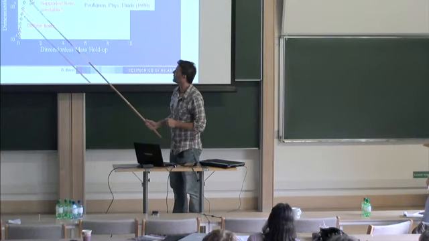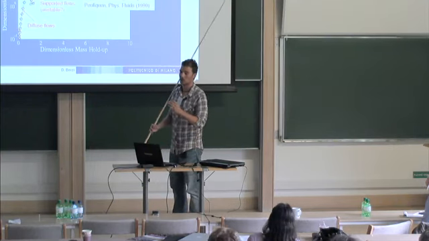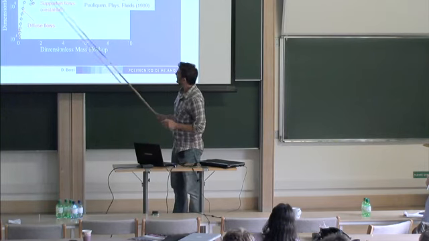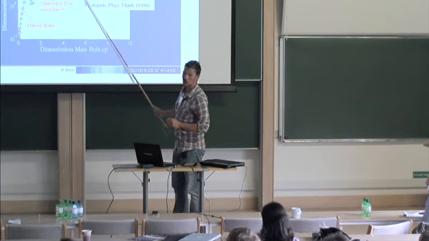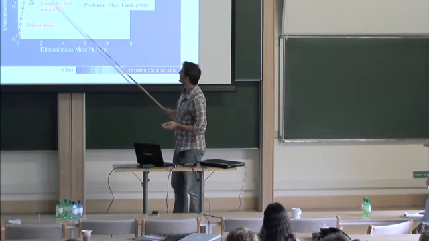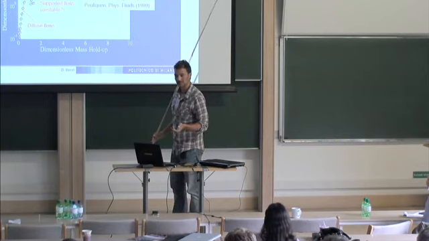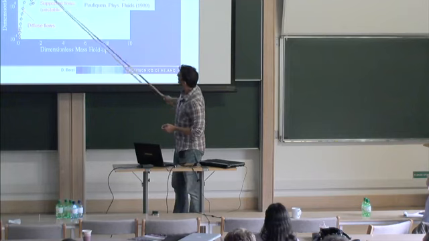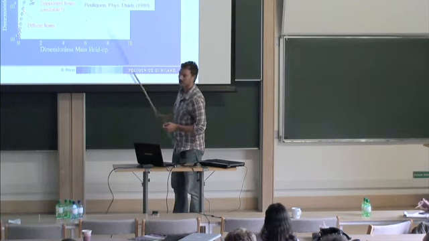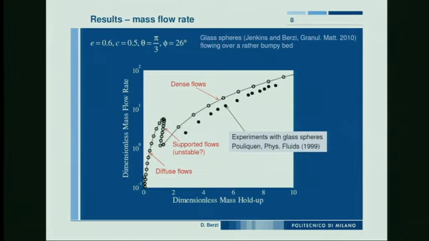So if it's very bumpy, that means that the slip velocity is quite low. But actually it's not low enough. So probably the bumpiness in Pouliquen's experiments is even higher for some reason. But still, as you can see, the qualitative trend is well reproduced from kinetic theory.